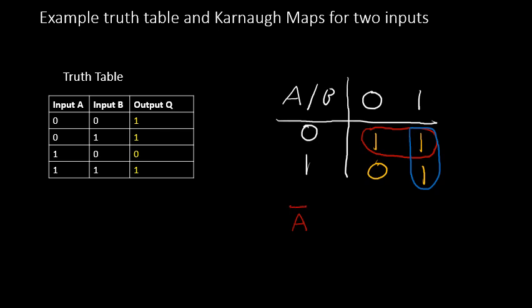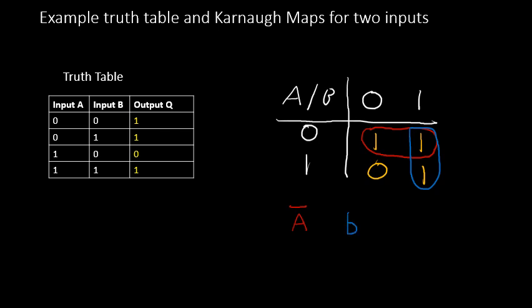Following a similar sort of logic, we can do it for the blue box as well. Notice here for B, it's consistently 1, but again, it doesn't matter what the value of A is, the values in the blue box are 1. So to represent this box, it's just going to be B, because B is 1 here. So therefore we just put B down here.